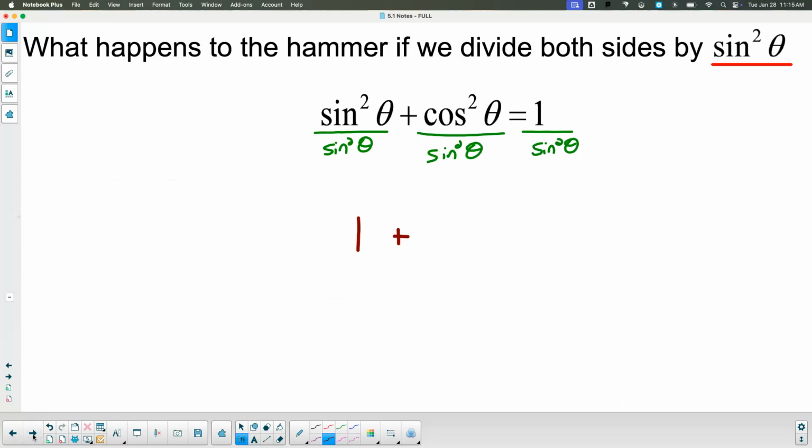So this is cotangent squared. What's 1 divided by sine squared? Which one? Cosecant? Just straight up cosecant? Or cosecant squared, because it's sine squared. Yep.